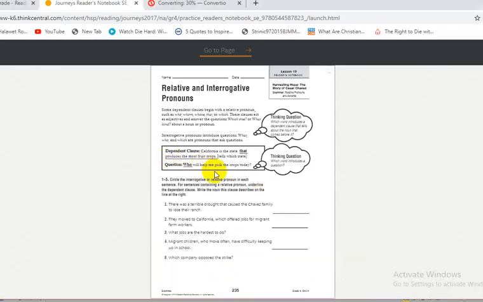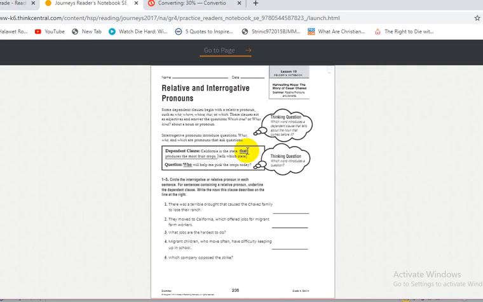Our dependent clause, California is the state that produces the most fruit crops. So that here is our what? Relative pronoun. And it makes the dependent clause act like an adjective, which describes what? Describes the state of California, right?